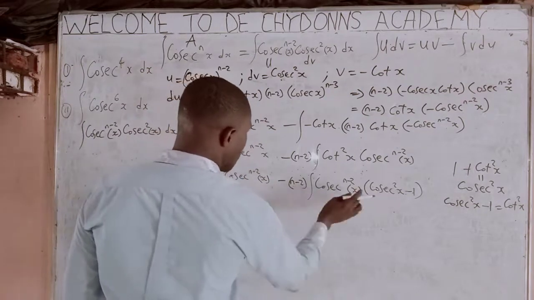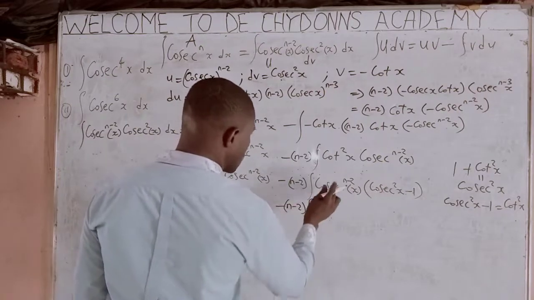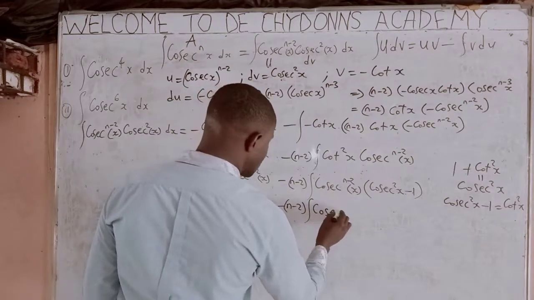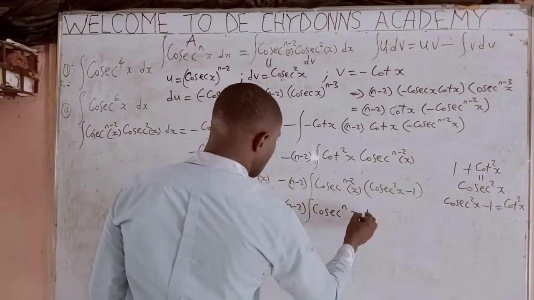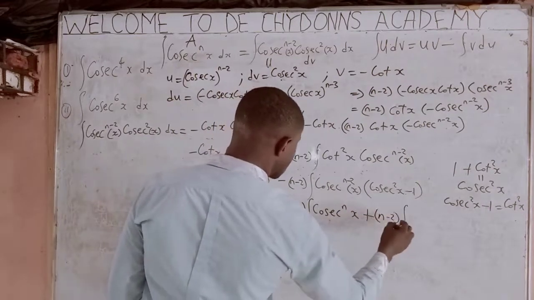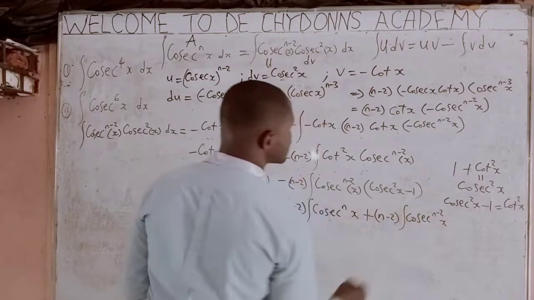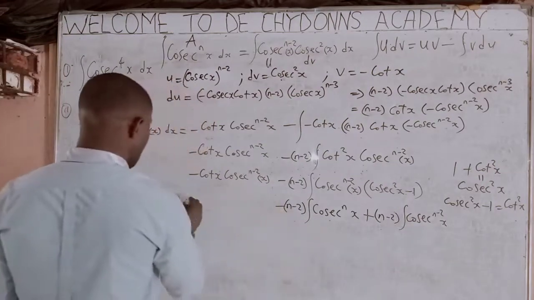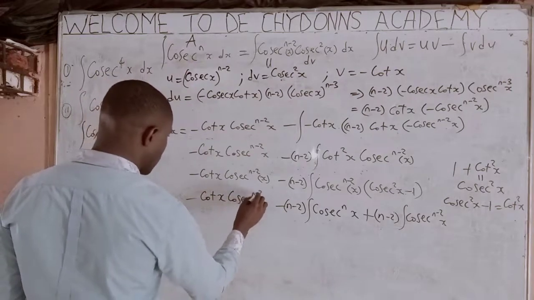When you multiply this and this, you'll be having minus n minus 2 integration. They have the same base, so it will be giving you cosec raised to power n of x. Then the whole of this times is plus n minus 2 integration cosec to the power n minus 2 of x. Okay, we say minus cot x cosec to the power n minus 2 of x.